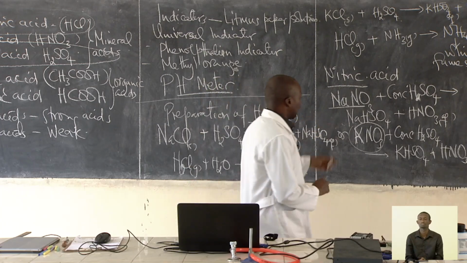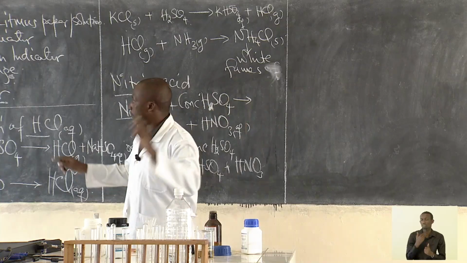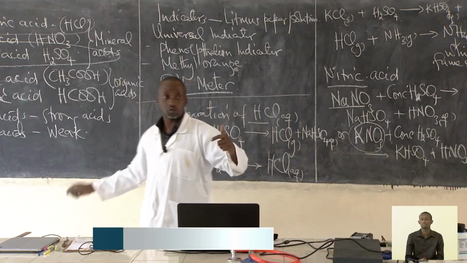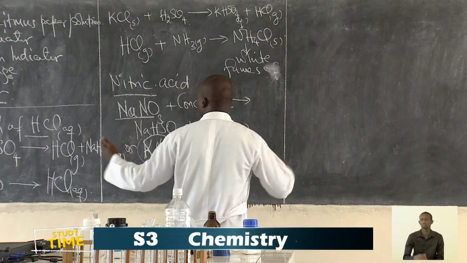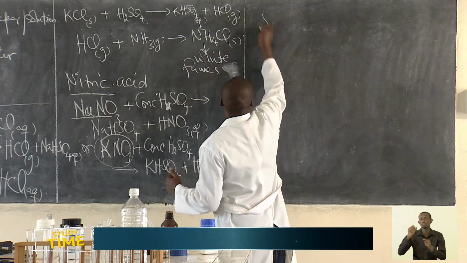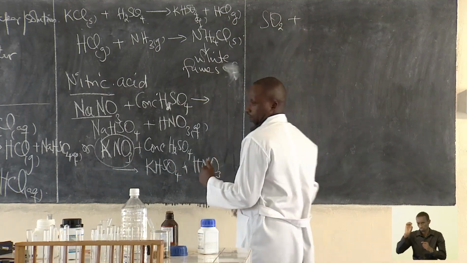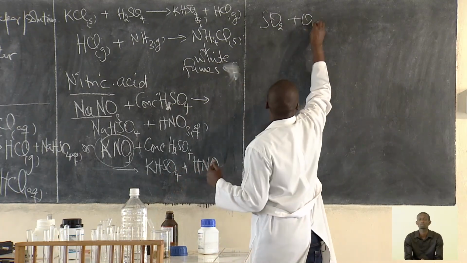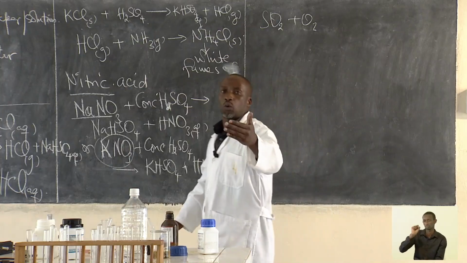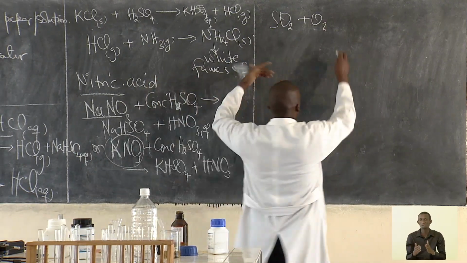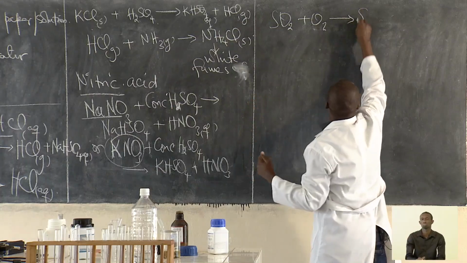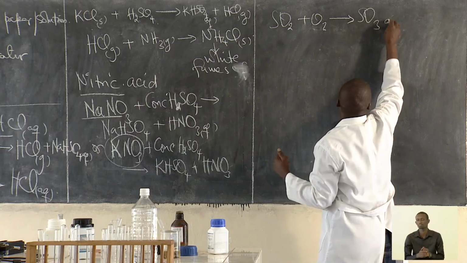Before we look at that one, I just want to mention the sulfuric acid. Sulfuric acid is not prepared in that way. It is prepared from the oxide, so there is no direct way of preparing sulfuric acid. Sulfur dioxide reacts with oxygen to form sulfur trioxide.